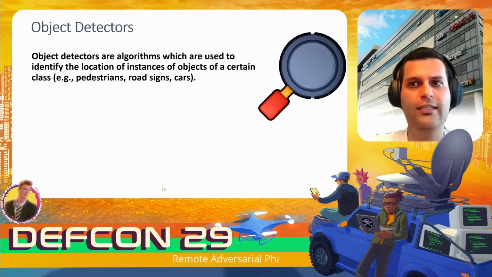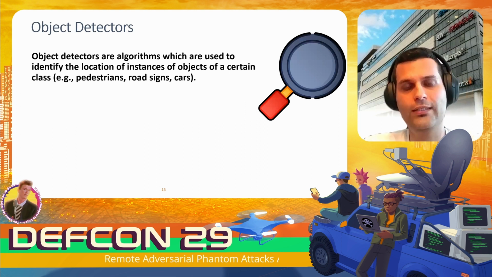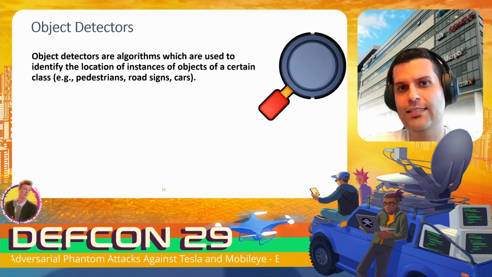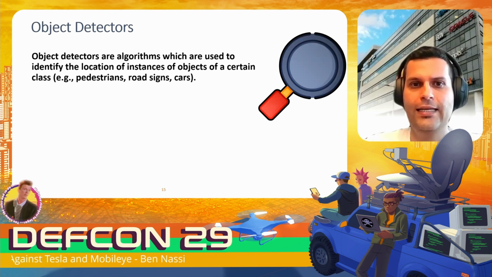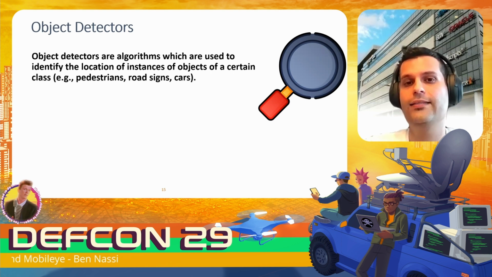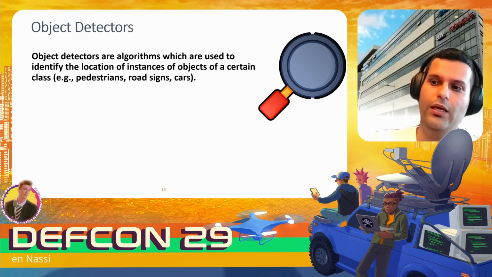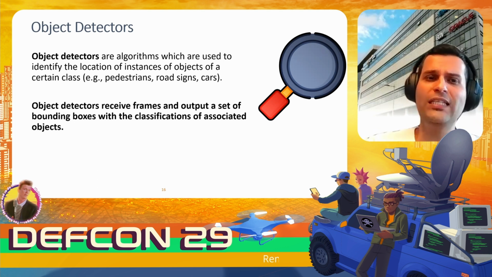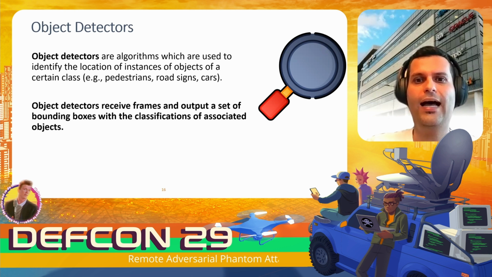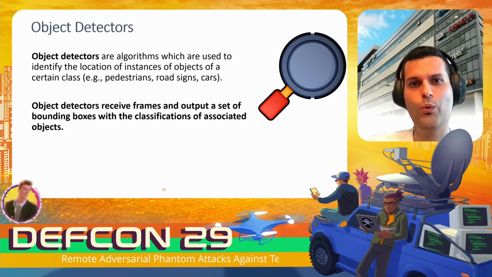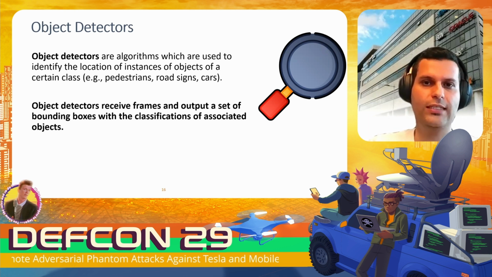First of all, object detectors are algorithms which are used to identify the location of instances of objects of a certain class. For example, this can be pedestrians, road signs, or even cars. Object detectors receive frames as input and output a set of bounding boxes with the classifications of associated objects.